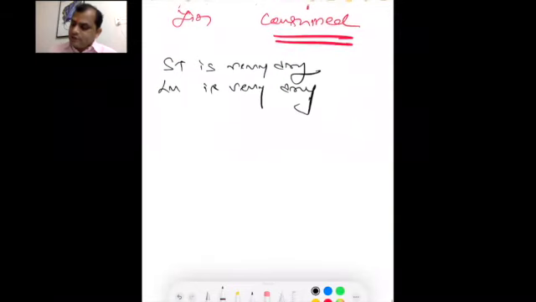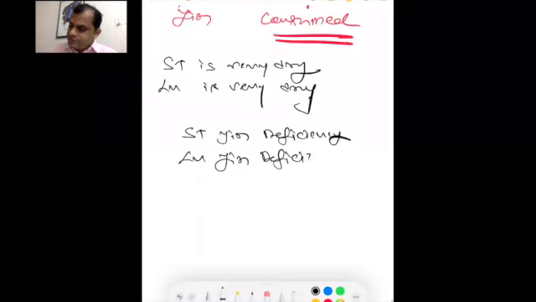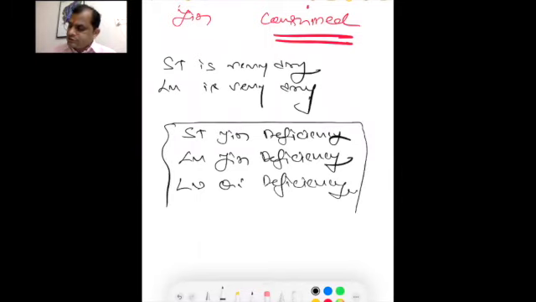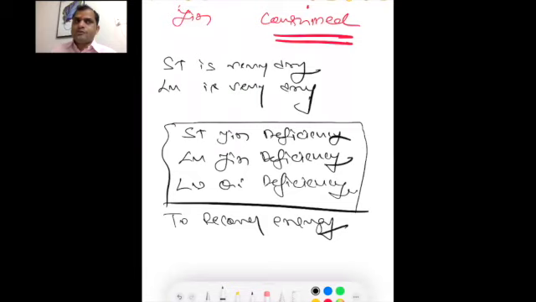In acupuncture, we tell it stomach yin deficiency, lung yin deficiency, lung qi deficiency. So we have to do the treatment of these things to recover energy. Again, we have to increase the level of fluid.